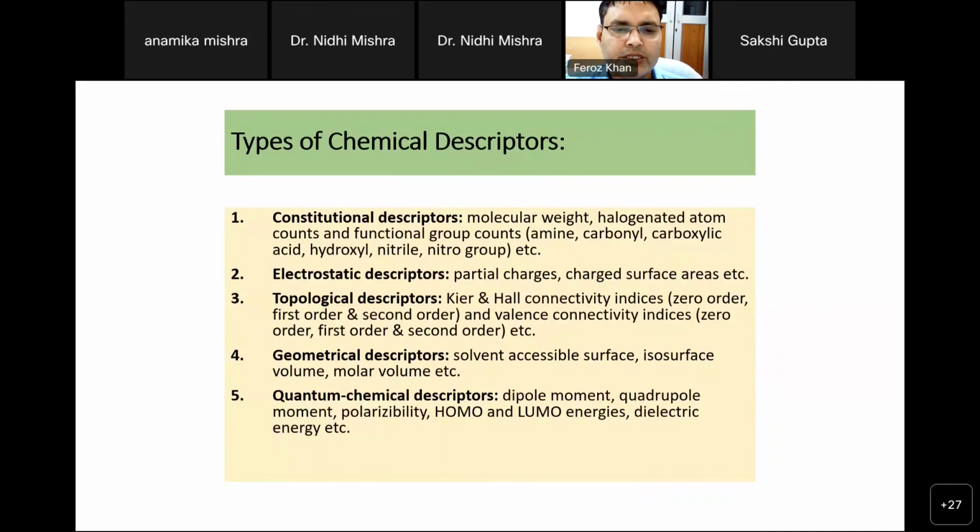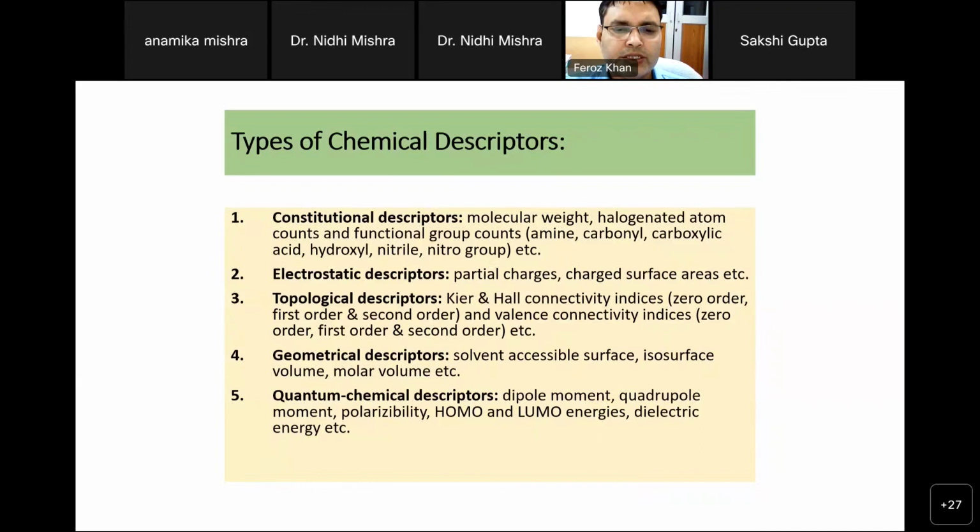This area comes under the molecular modeling part, and after that we go for simulation and docking studies. We have discussed three components here: the role of the correlation matrix, collinearity, and PCA methods in identification of key chemical descriptors.